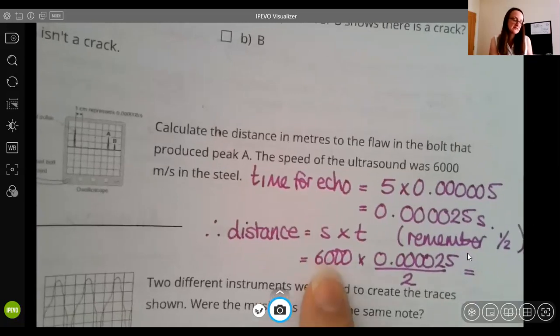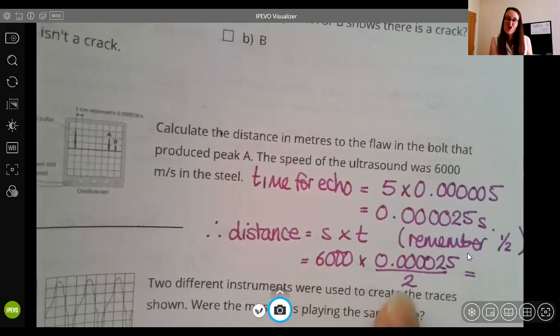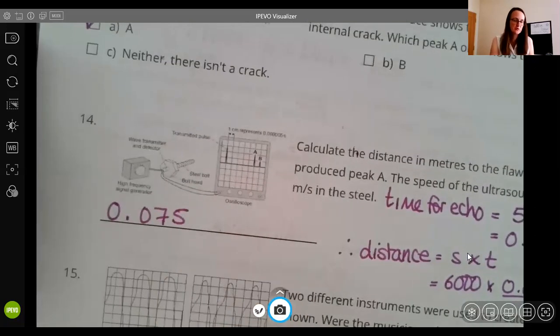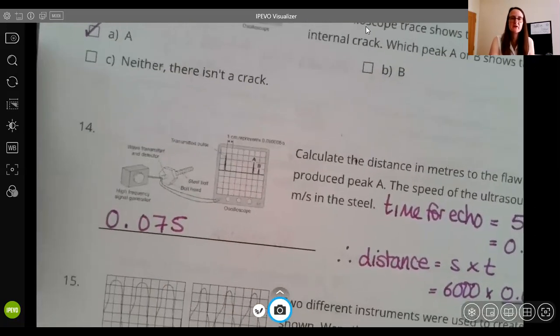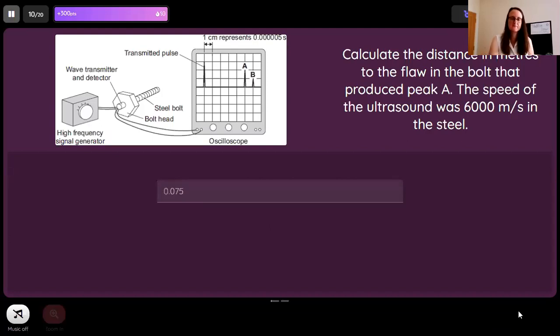And so we have our speed, 6,000 meters per second, multiplied by the time just for the ultrasound to go to the crack, and that equals 0.075. So let's put that into the answer, and then hopefully we will get it right.